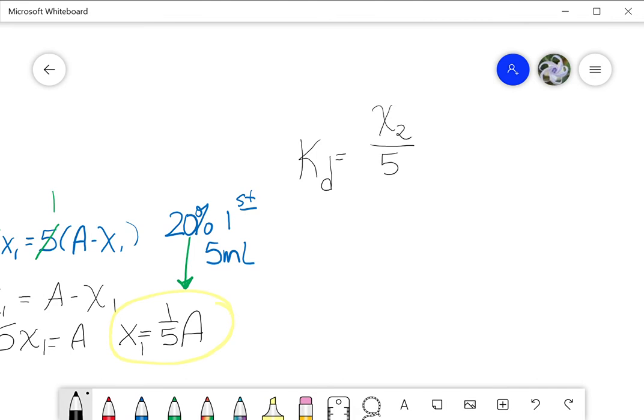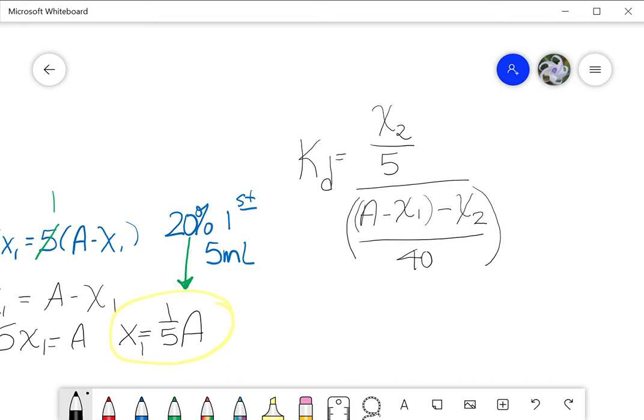So our numerator is going to be x2, which will be the amount of benzoic acid that goes into the organic layer for the repeat extraction, over 5 milliliters. And then our denominator is going to be the total amount minus what went into the first extraction minus what's going to go into the second extraction, still over the total volume that we had to start off with, and that still equals 2.